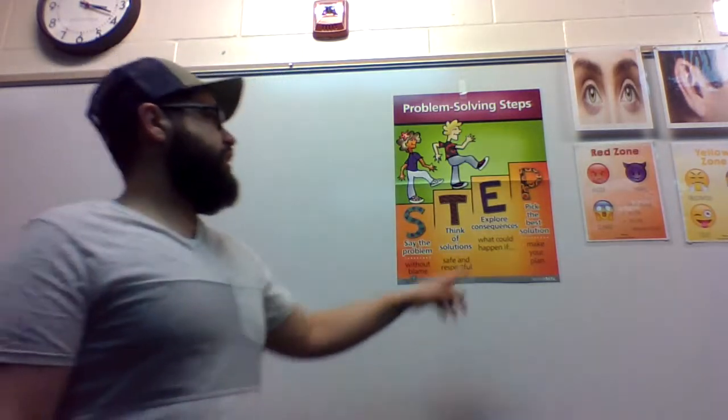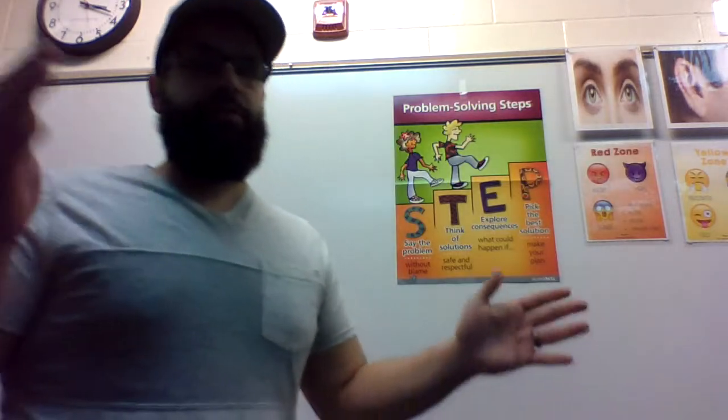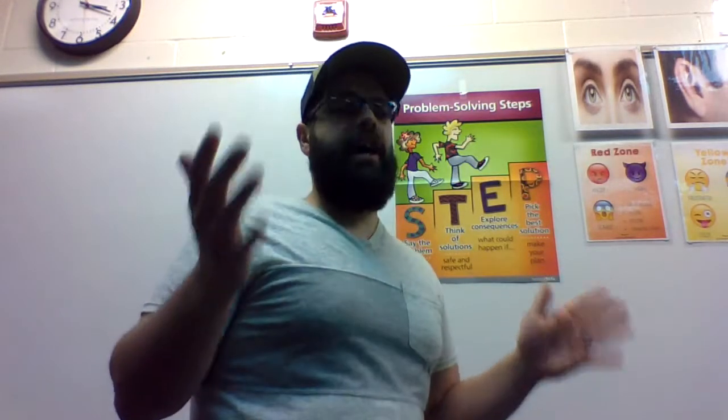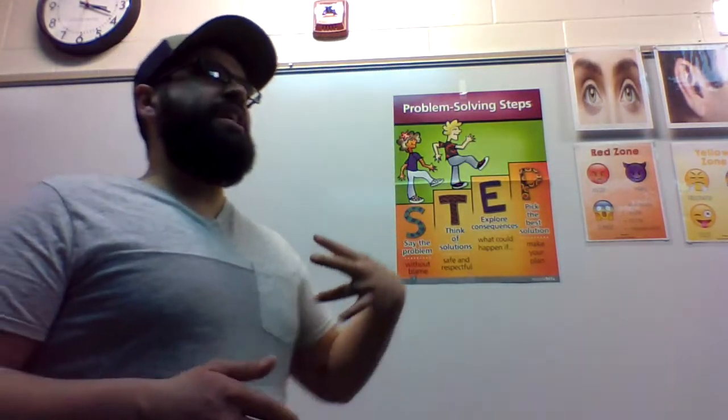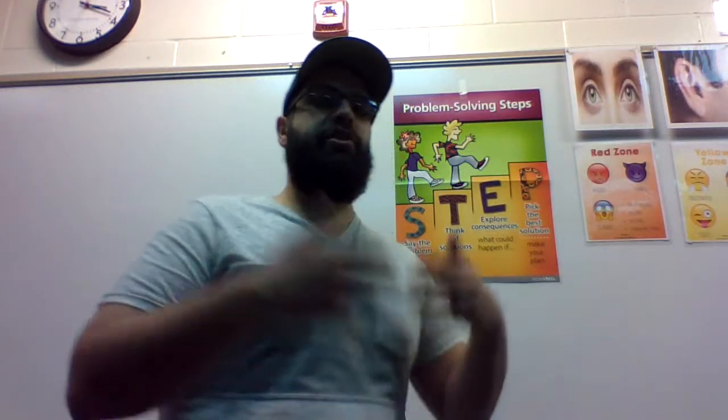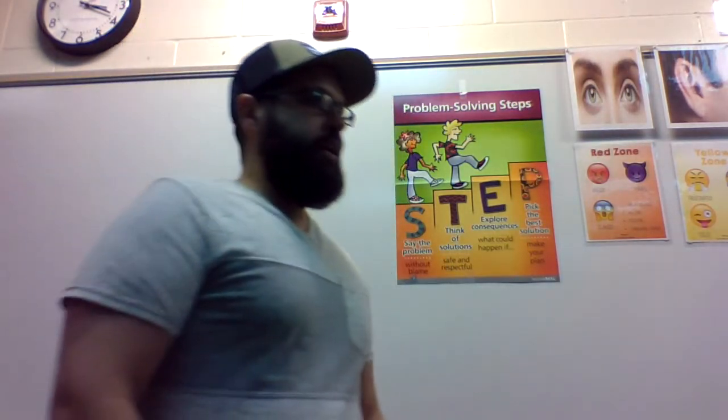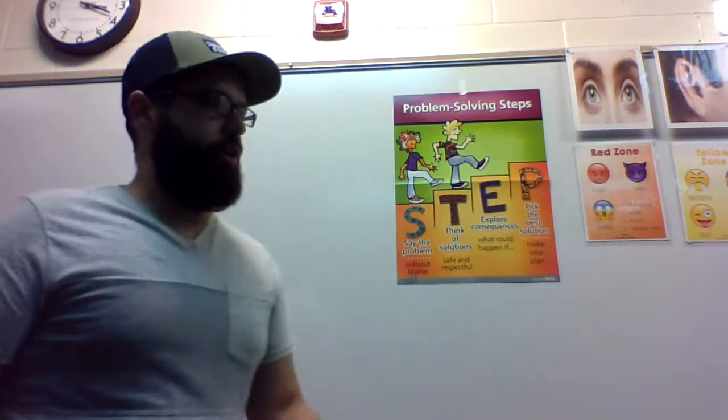The next one is tricky, exploring consequences. Now, oftentimes I want to remind you, consequence does not mean discipline. Consequence is the result of something happening. If I drop an egg, it's going to fall down, hit the floor, and crack because of gravity, right? If I stub my toe, it's probably going to hurt if I'm walking along.